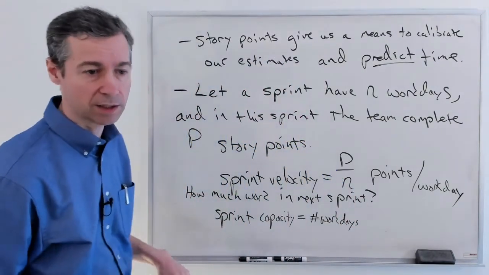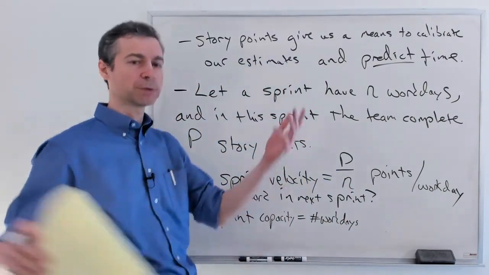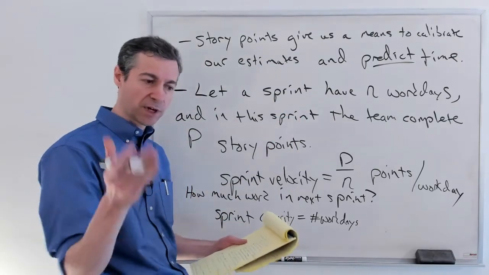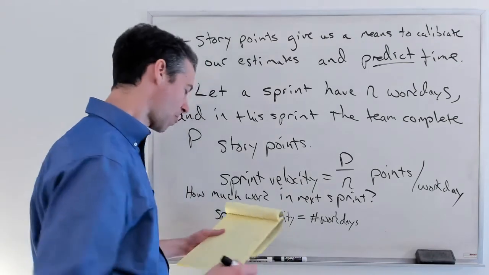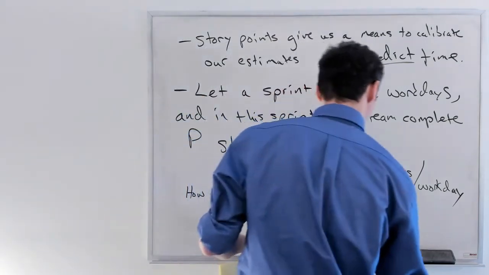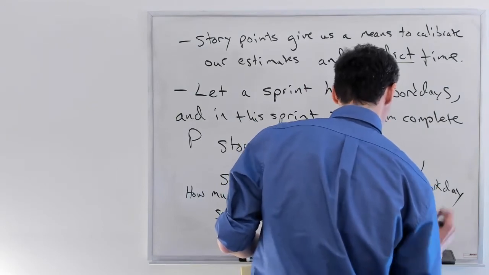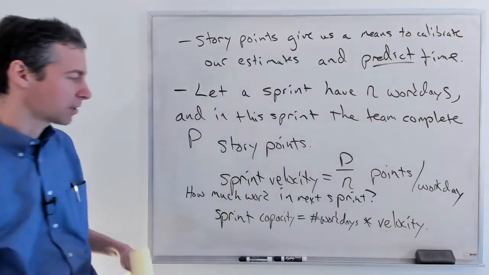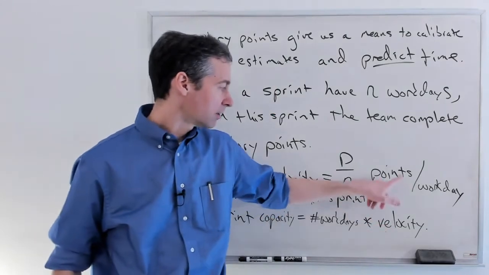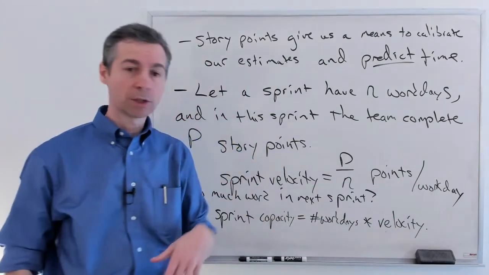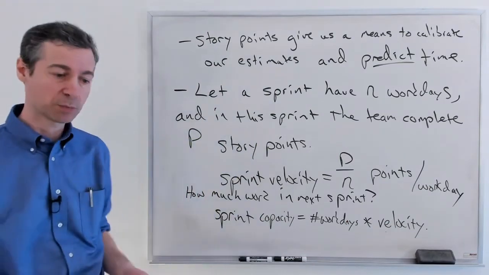There can be holidays. There could be a corporate retreat where you know no one's going to work. You should look at the calendar and count how many days there are in the sprint, and we multiply it by the velocity. Because work is in days, this is points over days. So this will be the total number of points that we can get done in that next sprint.